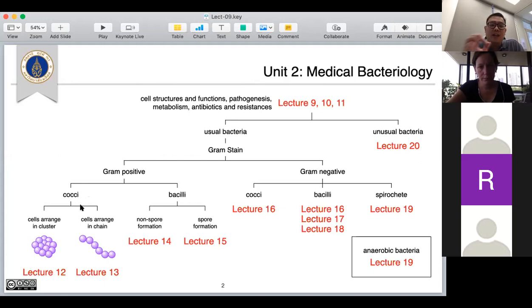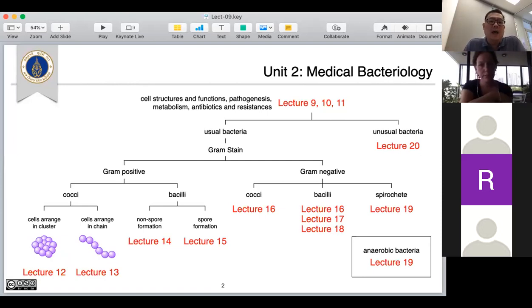If they arrange in chains, then you probably think about Streptococcus.